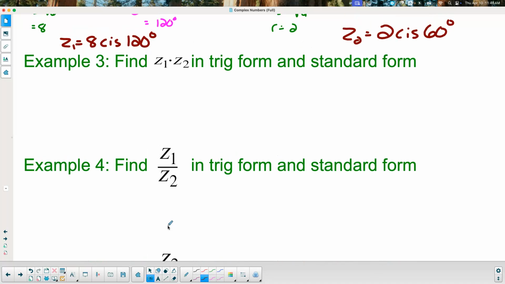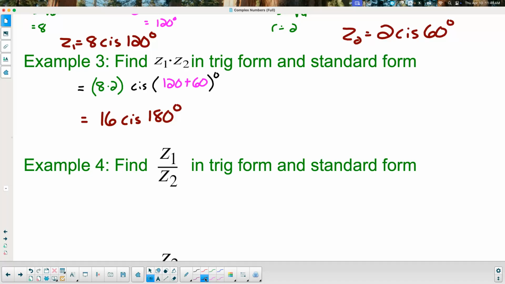So multiplying them together, we would have here then 8 times 2 CIS of 120 plus 60. So the trig form here I get is 16 CIS of 180 degrees.